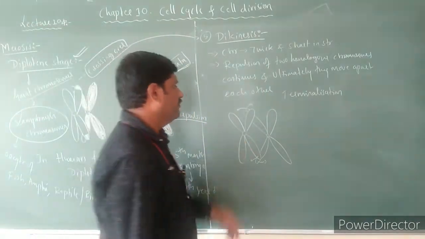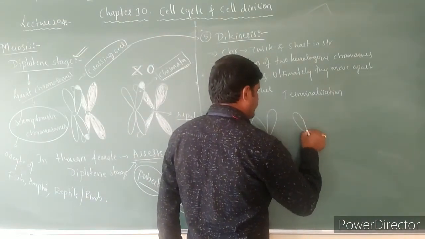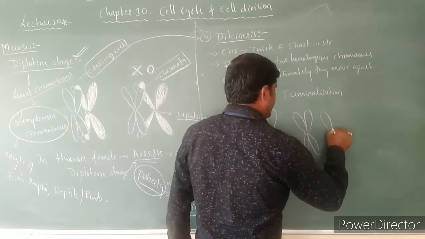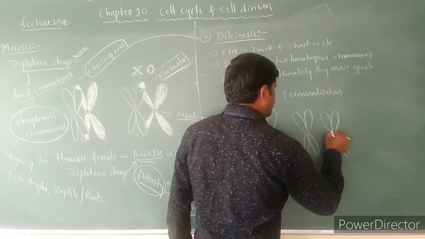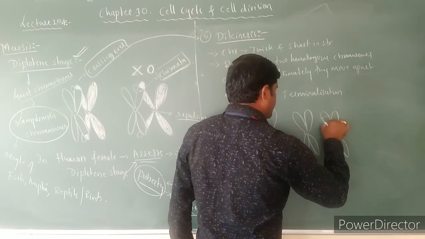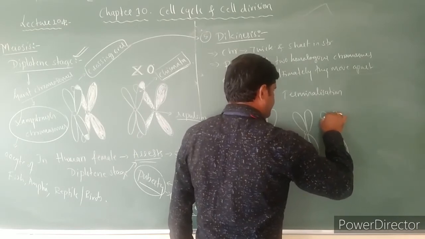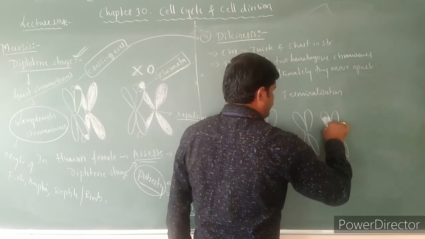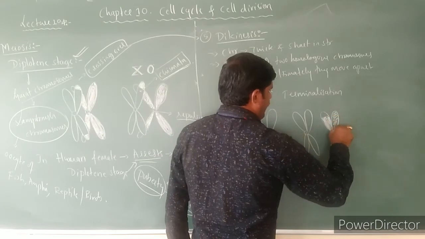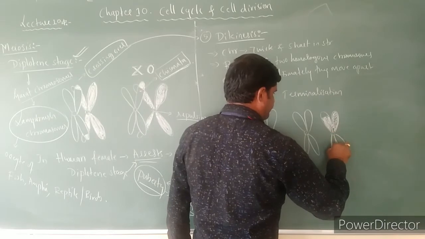Now, independently, how are the chromosomes looking? I shall show you here. This is one homologous chromosome, and this is another homologous chromosome. See here, a non-shaded chromatid is present as a result of the crossing over.